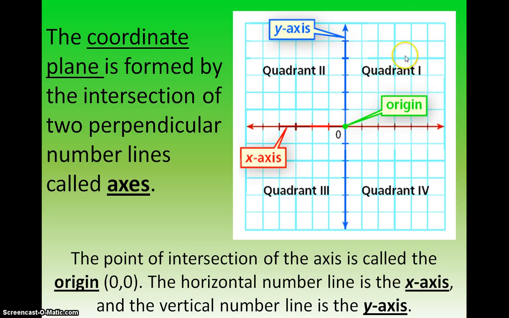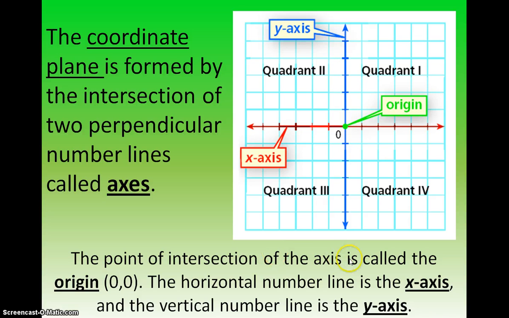Starting with our top right one, we have quadrant 1, quadrant 2, quadrant 3, and quadrant 4, going counterclockwise around. And know that whenever we say a quadrant, we always use a Roman numeral, so it looks like I and II and III and then IV here.